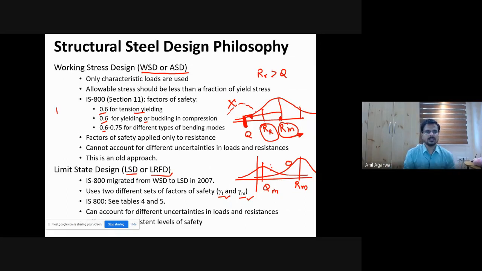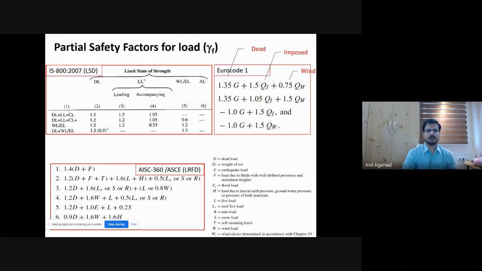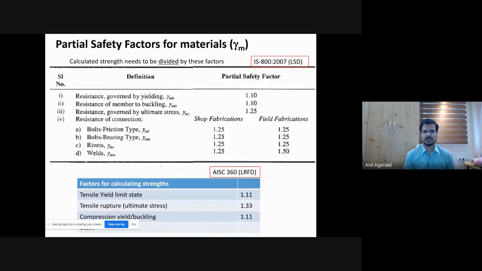So earlier it was basically 1.65. And presently what you have is 1.5 from here, and then, let's say you are talking about yielding, you have 1.1 from here. So 1.1 multiplied by 1.5 is also 1.65, which exactly matches the older provisions.